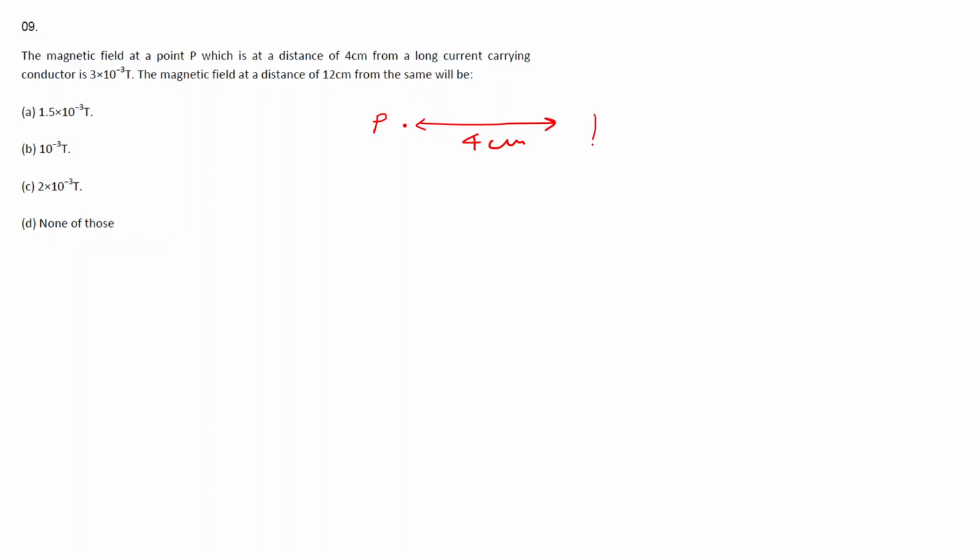So we have a long current carrying conductor, and from 4 centimeter distance at point P, we need to find the magnetic field. Due to this long current carrying conductor, there is a field of 3 times 10 to the power minus 3 Tesla.